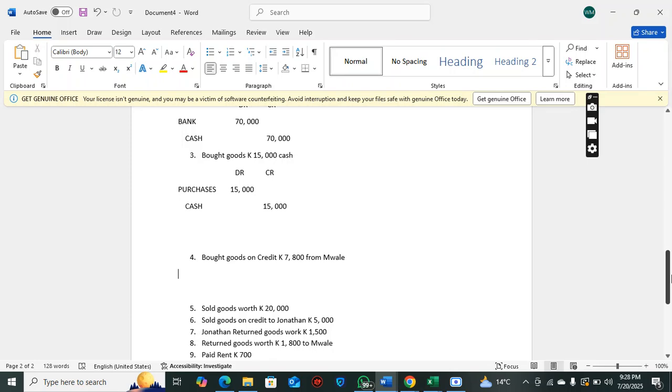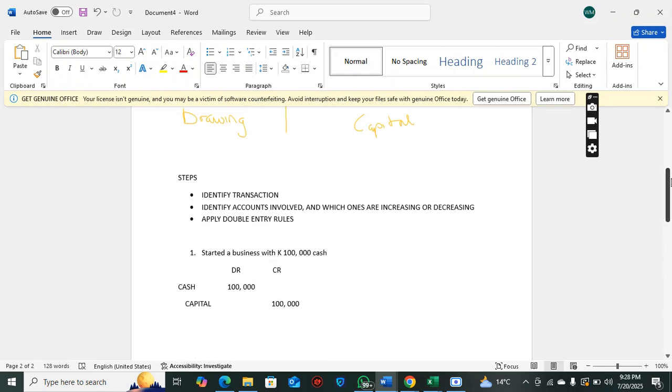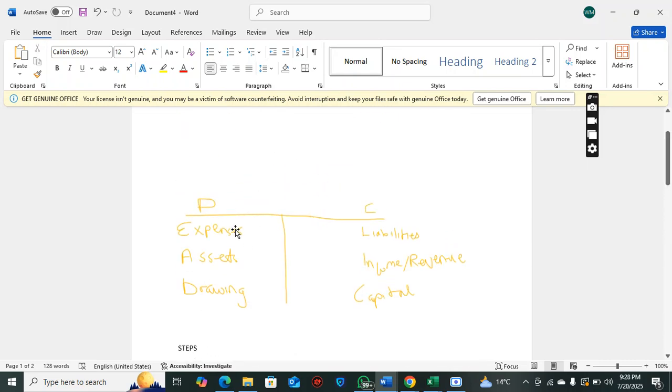So, again, the purchases expense, increase in an expense, you debit. So, you debit purchases expense. Since we're owing someone, that's like an increase in our liability. So we're going to credit Mwale. Increase in a liability, you credit.